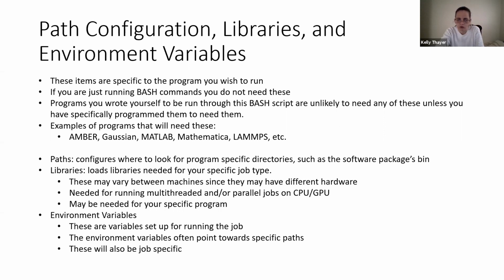And if I'm running on different hardware, there are also different libraries for that. Whether I'm parallelizing my code by the code itself being parallel, having threads inside the code, and whether or not I am trying to run it on a GPU, those will all dictate which libraries I need to configure.